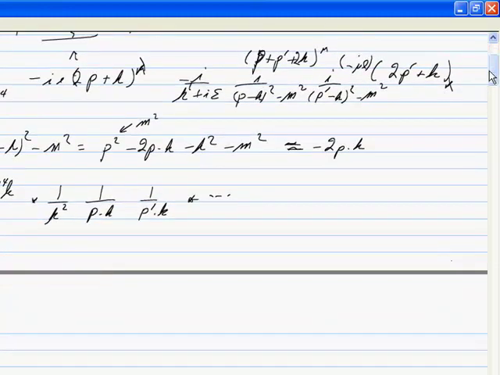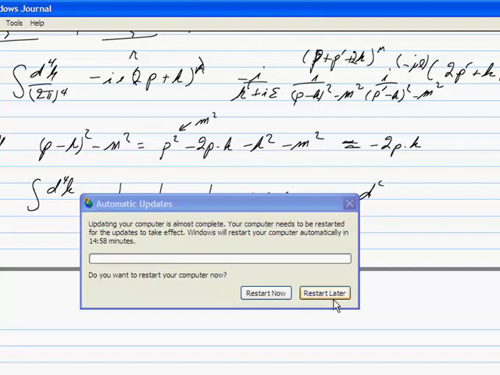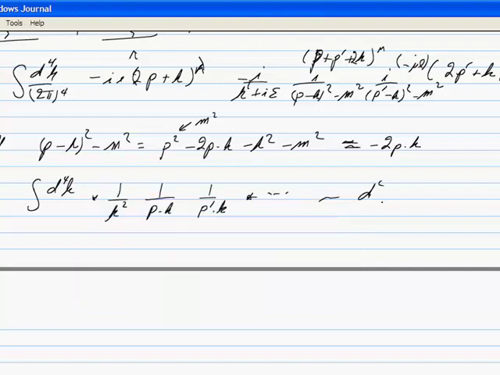Okay. And the feature that you see out of this is that this goes like d4k over k to the fourth, which is log divergent at low energy. So if I just treat that naively, it goes to infinity.